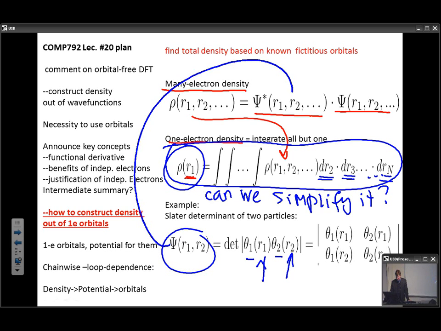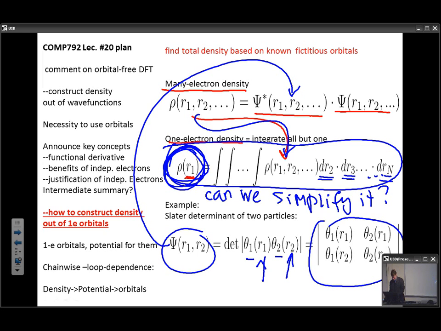Then we are going to plug this into the definition of density, and density will be plugged in here, and then we will just look at how the one electron density constructed through all this sequence based on the Slater determinant will look. So this is our target, and this is our starting point. Begin here, end here. Ready? Okay, start, set, go.